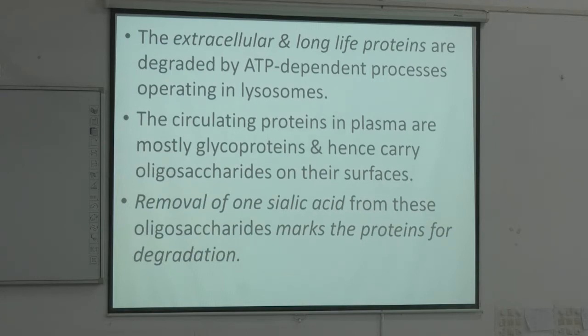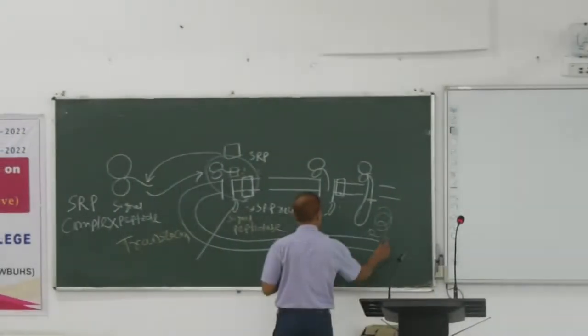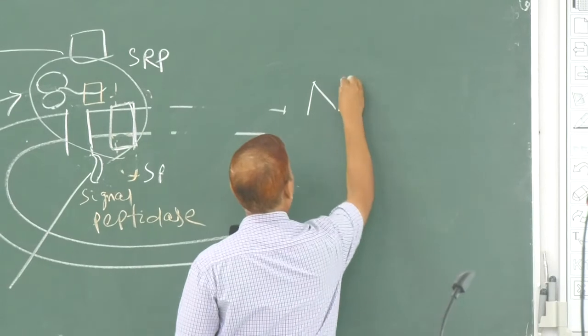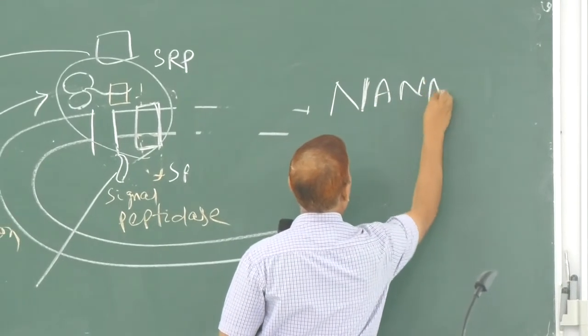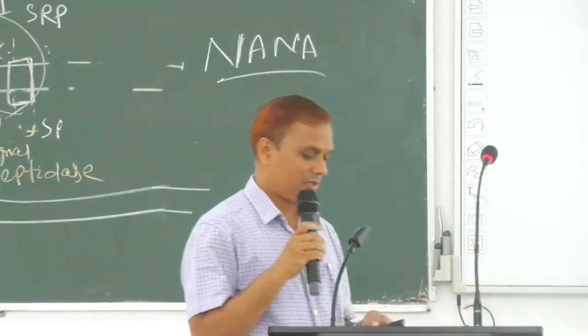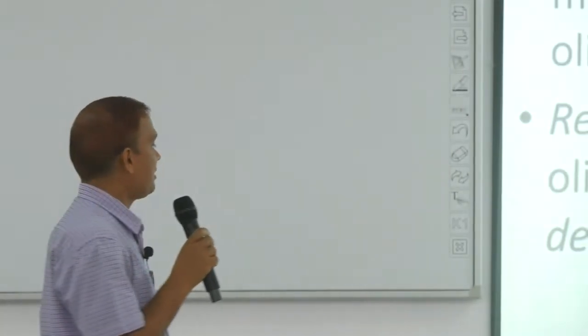In the lysosome, how is it degraded? Sialic acid will be removed from that protein.